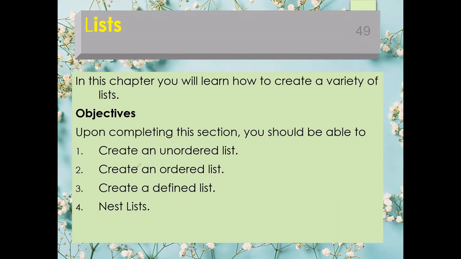In HTML, there are basically four kinds of list. In some textbooks they refer to three lists, but since we are learning all the tags here, we can say there are four kinds: ordered list, unordered list, definition list and nested list.